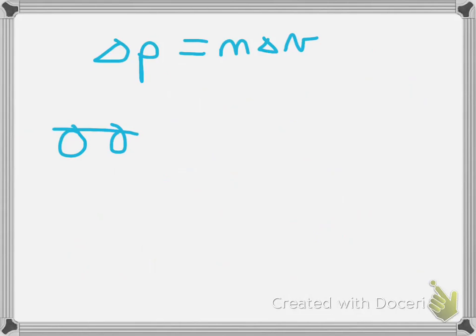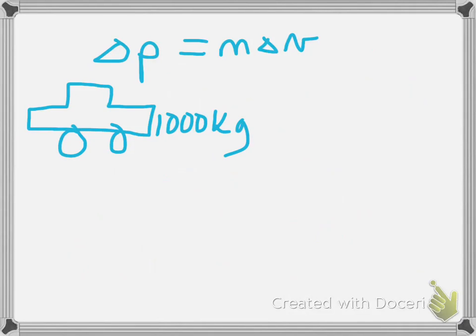More often, though, we're going to be using the change in momentum equals mass times change in velocity. So it might be a car with a mass of 1,000 kilograms. It starts from rest and ends up traveling at 5 meters per second.